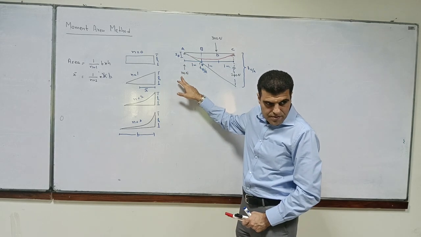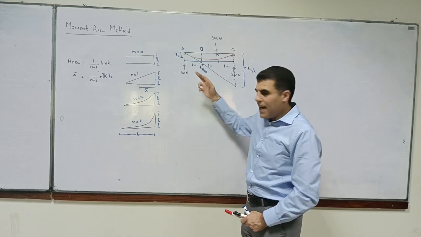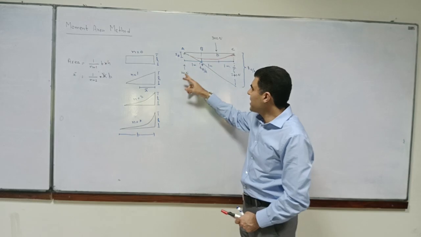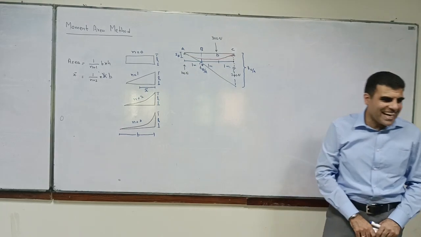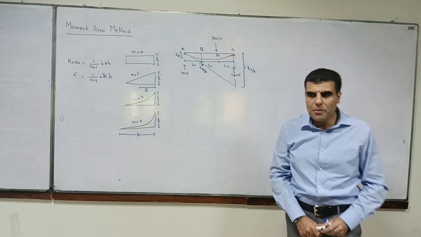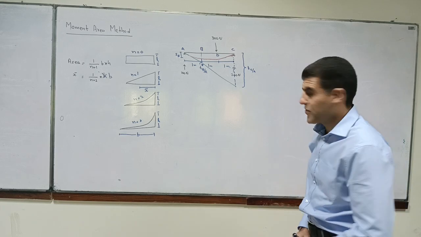If I have C as a fixed point, then I would have 300 and 100. So it doesn't matter which point I take, I will always end up with two moment diagrams, or moment areas.